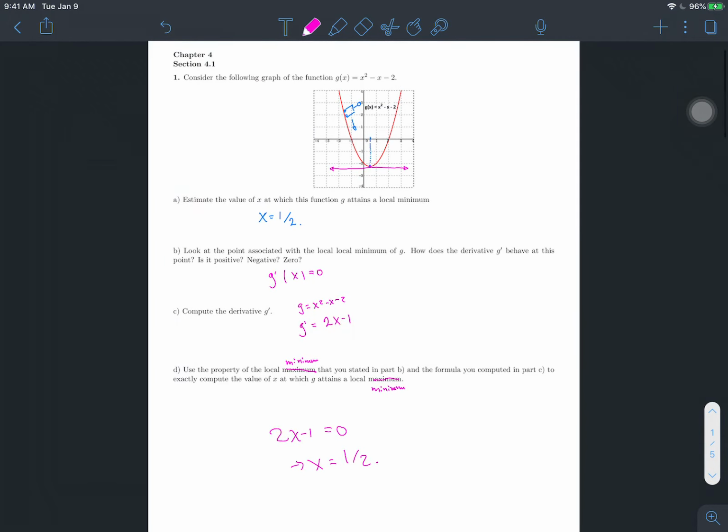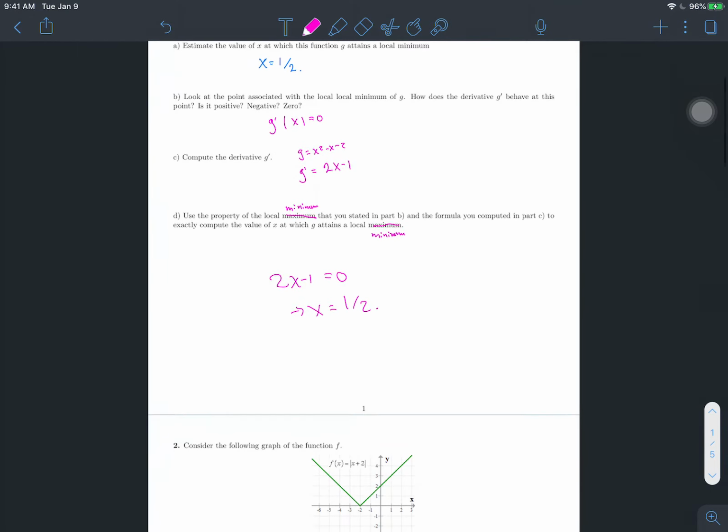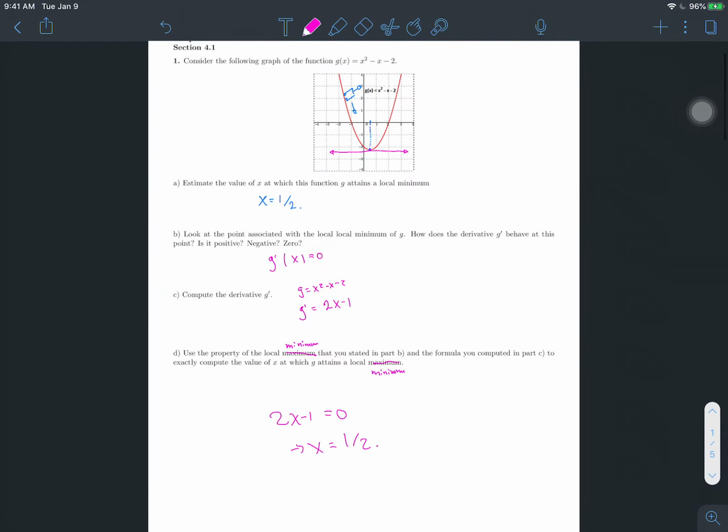Okay, so this is kind of our first look at this minimum and maximum thing. And what we're about to see is that we haven't really completely described the picture here.